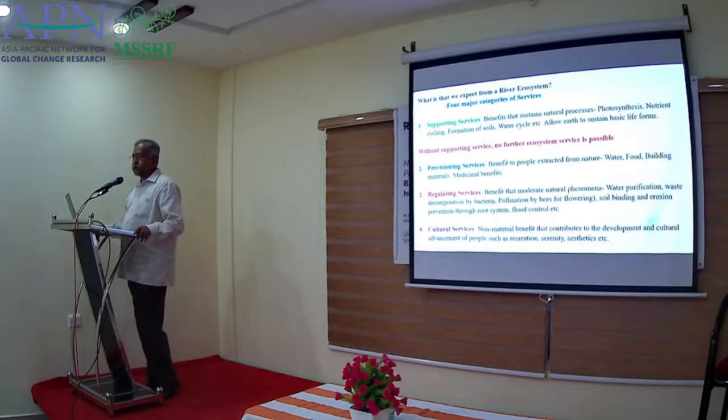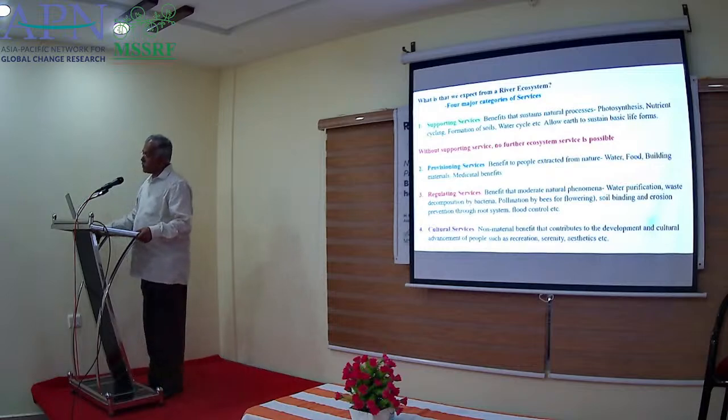That is very essential. Without supporting services from an ecosystem, no other services can be expected. If a river ecosystem cannot provide the supporting services, it will not provide any further services, namely provisioning, regulating or cultural services.